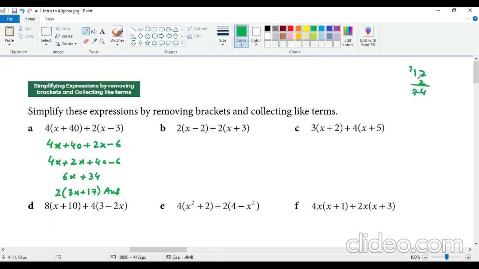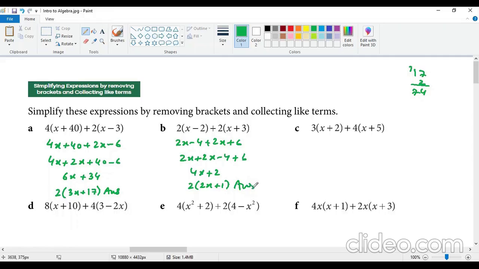Anyways, now this is 2x minus 4 plus 2x plus 6. So 2x plus 2x, minus 4 plus 6 gives us 4x plus 2 as an answer. 2 is common in both of them, and 2x plus 1 is going to be your final answer.